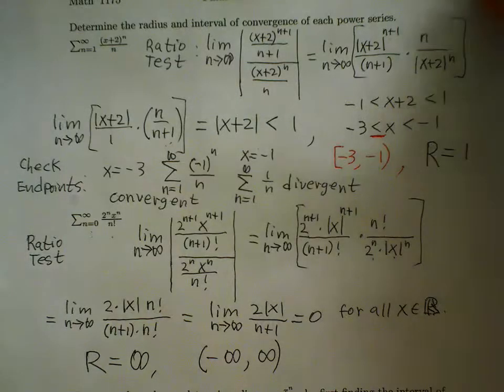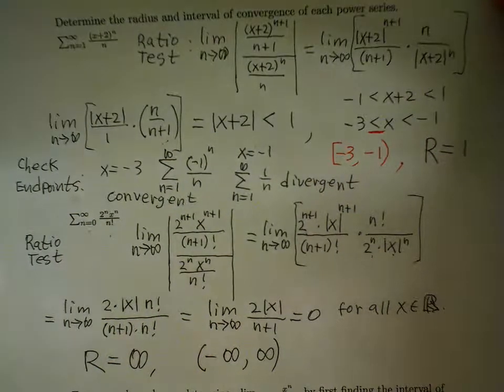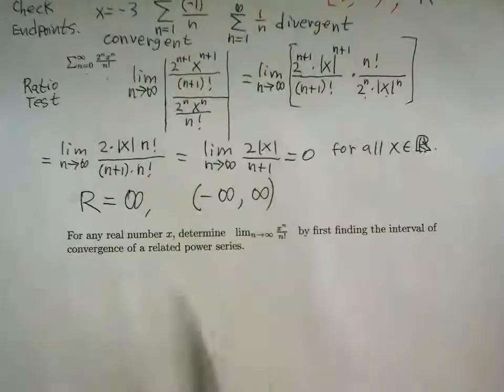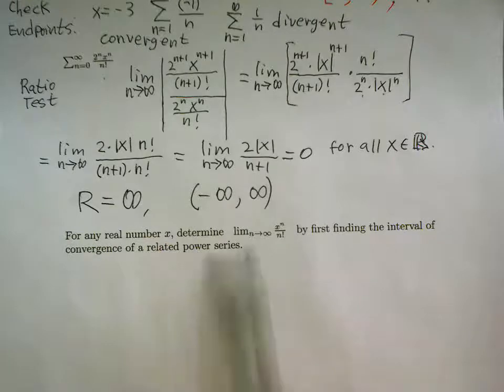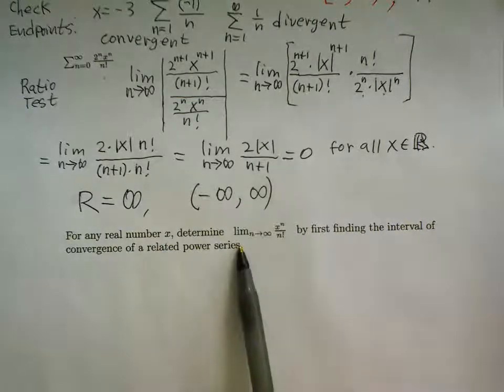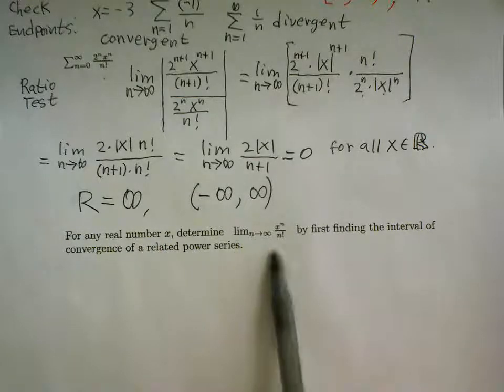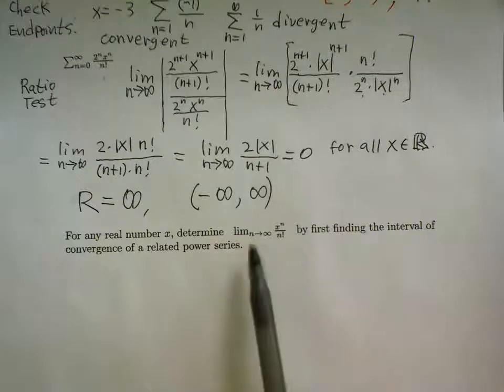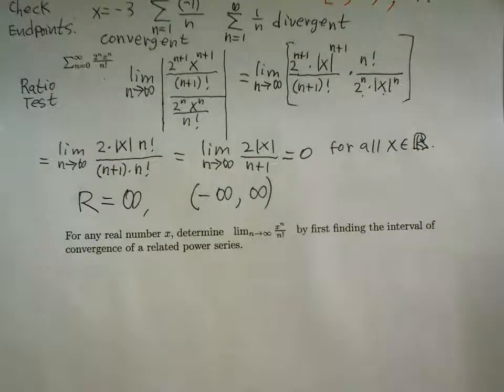All right, the next part. For any real number x, determine the limit of x^n divided by n factorial as n goes to infinity.